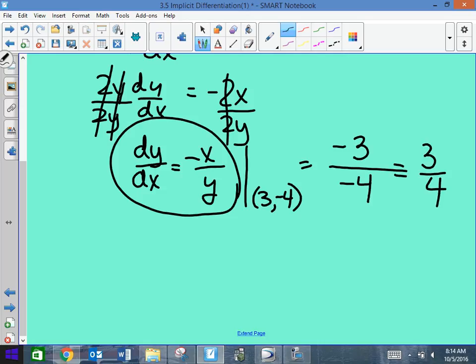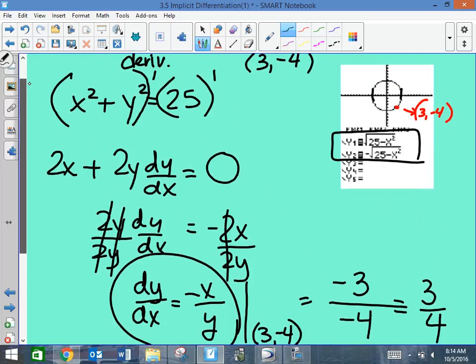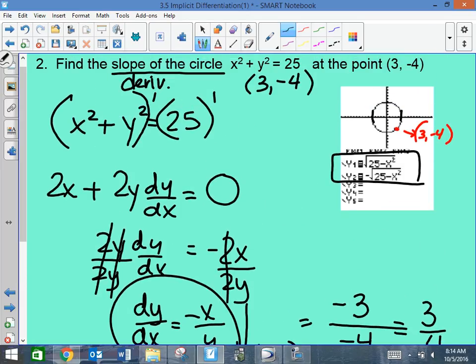Okay? Now, what does that 3/4 signify on this circle? That's right. That's your tangent line. The slope of that tangent line is 3/4. Okay, good job.